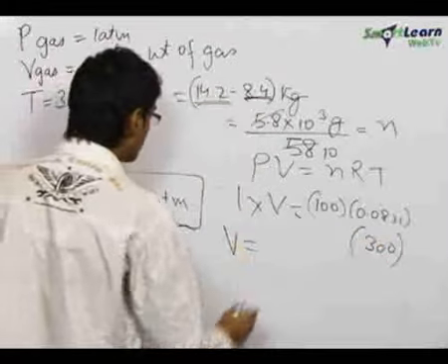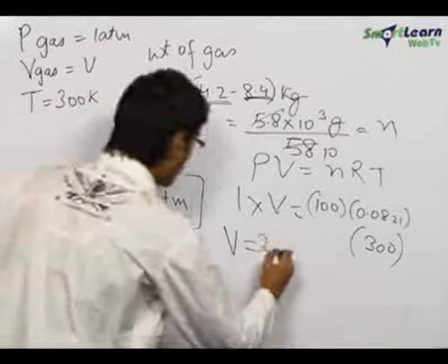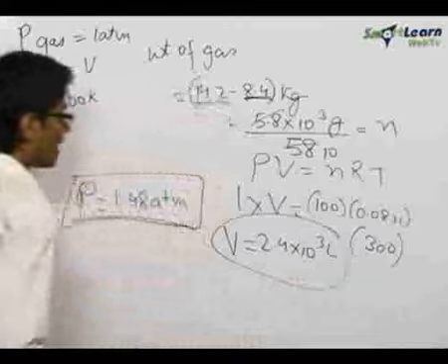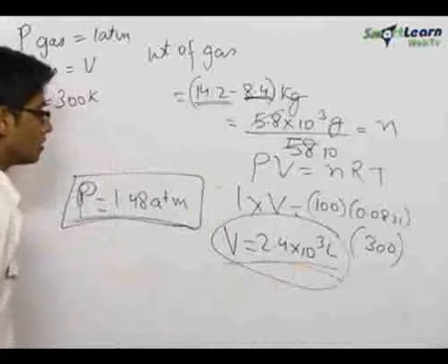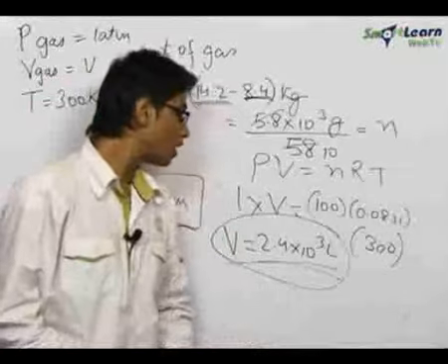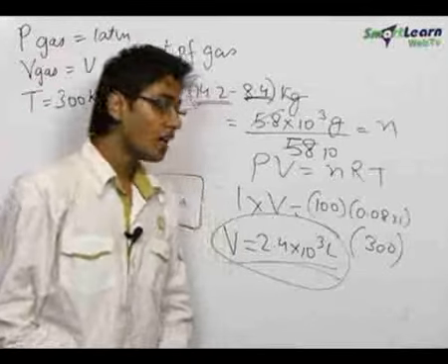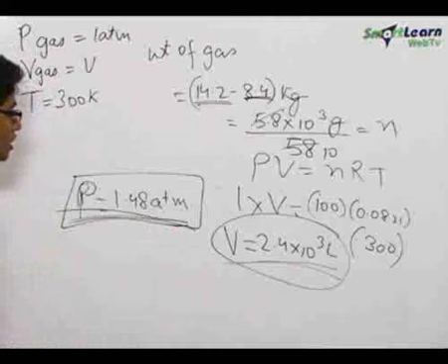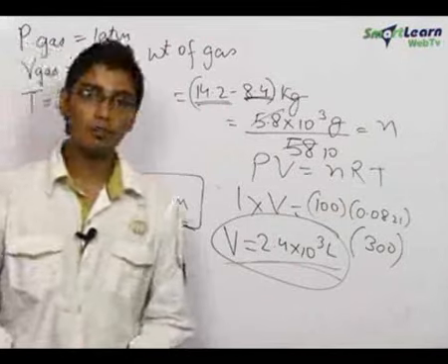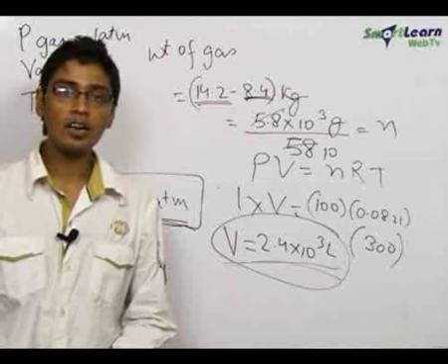So our volume comes out to be equal to 2.4 into 10 power 3 liters. And this is the answer for the first part, that is the volume of gas that has been used up. It is equal to 2.4 into 10 power 3 liters. And the answer for the second part, that is the final pressure of the gas present inside the cylinder, is equal to 1.48 atmosphere, and these two are our final answers.